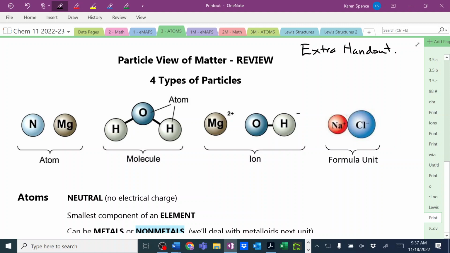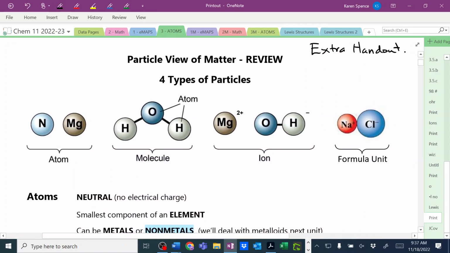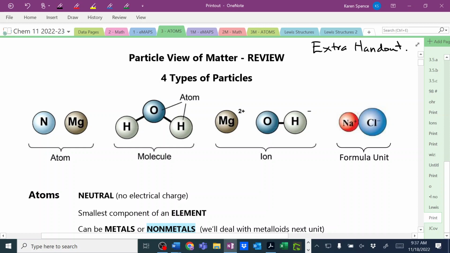So here we have 4 types of particles. Atoms, obviously, just a circle, yes? Molecules. We have atoms, but they are what? Connected. They are bonded together.